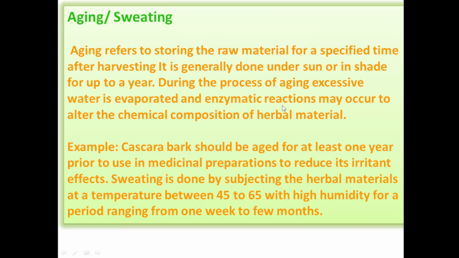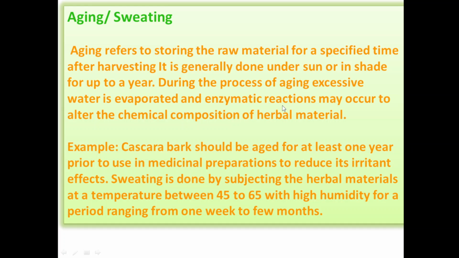Now next one is aging or sweating. Aging refers to storing the raw material for a specified period of time. After harvesting, it is generally done under the sun or in shade for up to a year. So aging means storing the raw material after drying or after harvesting in shade or under the sun.